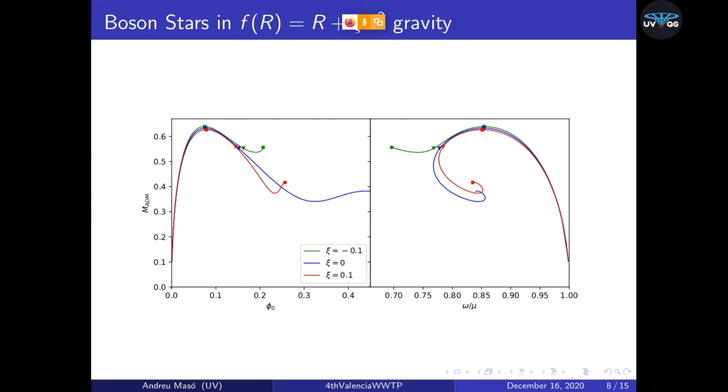That means essentially that your stable boson stars will not be that different from the GR ones. Exactly, they are not that different because the theory is quadratic with the concentration of energy density.